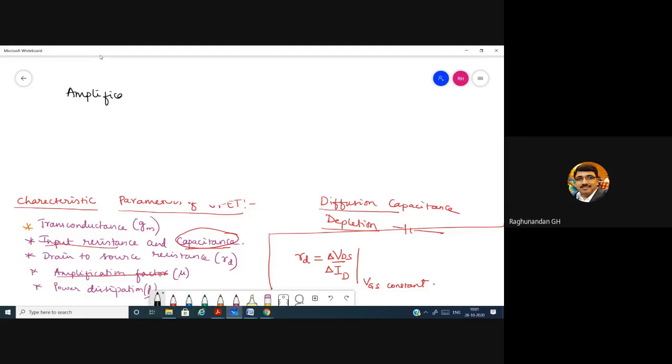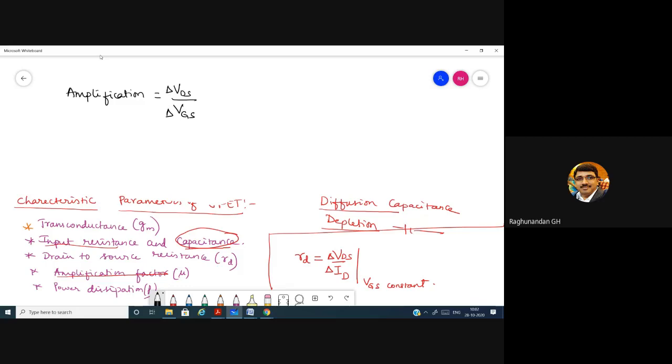So in this case, for the JFET, if I want to express the amplification factor in terms of voltage, what will be the formula I can write? Just now I wrote a circuit. VDS by VGS. Very good. Output voltage is VDS and input voltage is VGS.